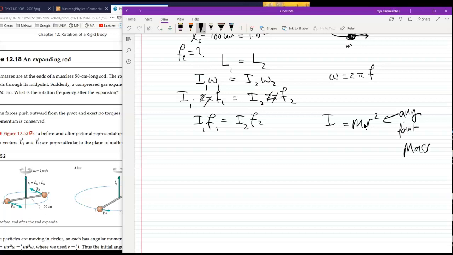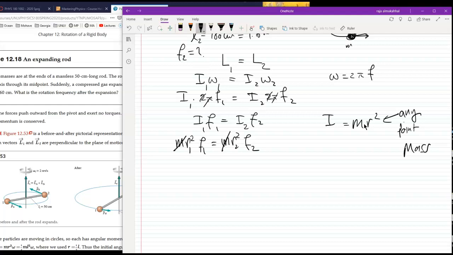Had he said that there is a mass of the rod, then it would have been 1 over 12 mr squared or something like that, right? So for our case here, it becomes m r1 squared f1 equals m r2 squared f2. Got it? Make sense? Okay.